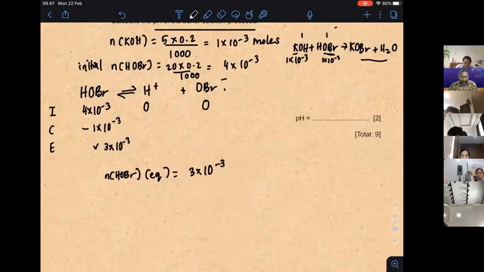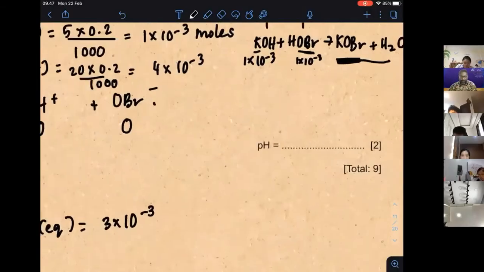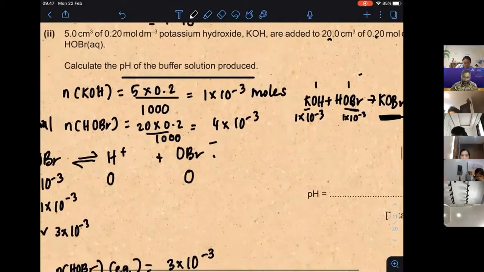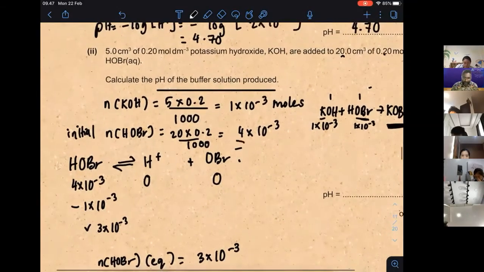This one is quite simple. It is based on the KOBr that we have. You might ask why it's not coming directly from here.